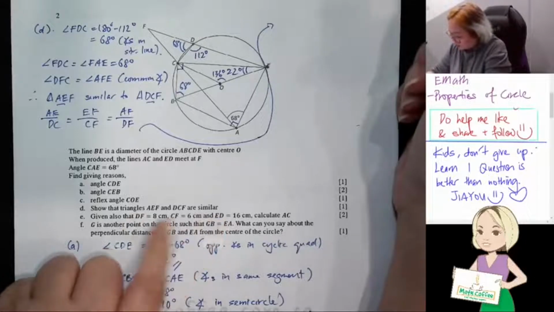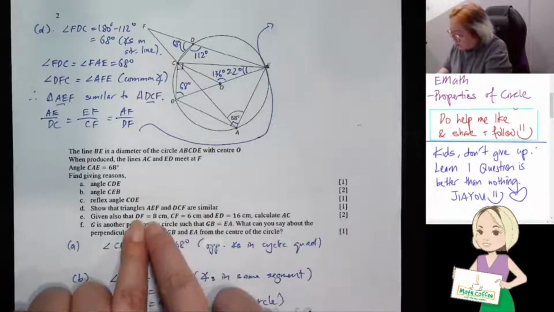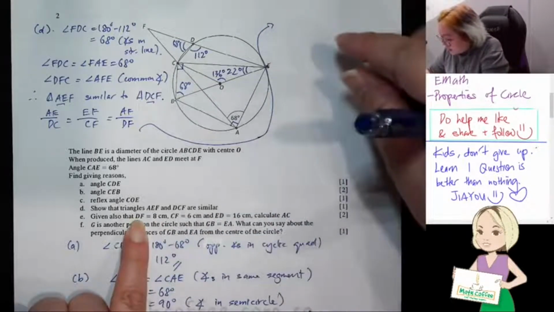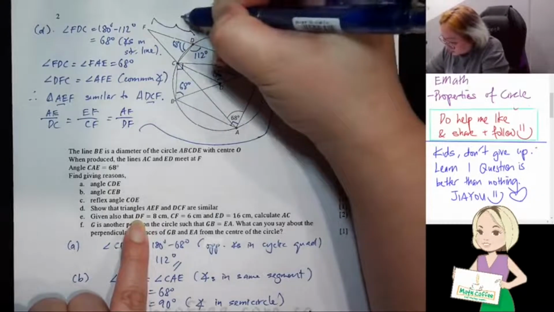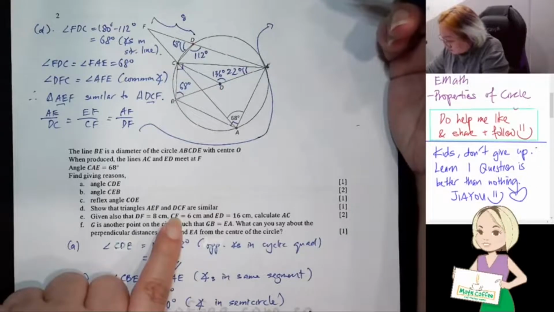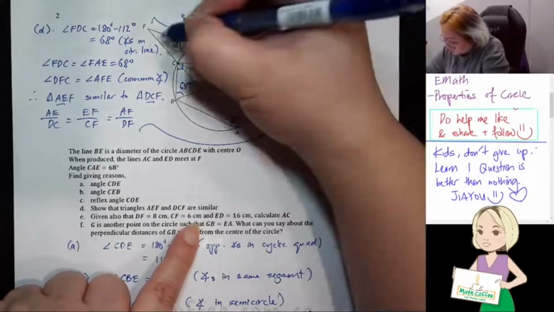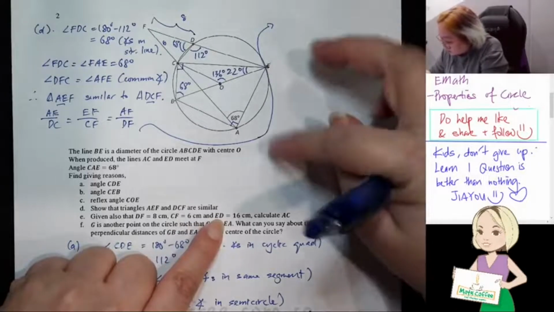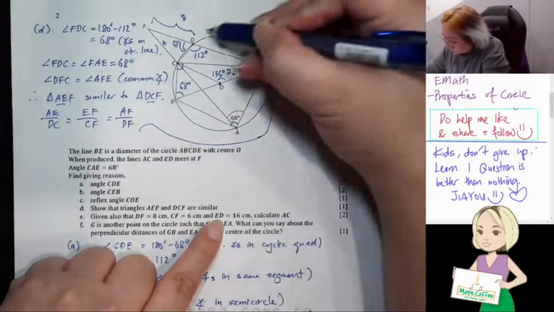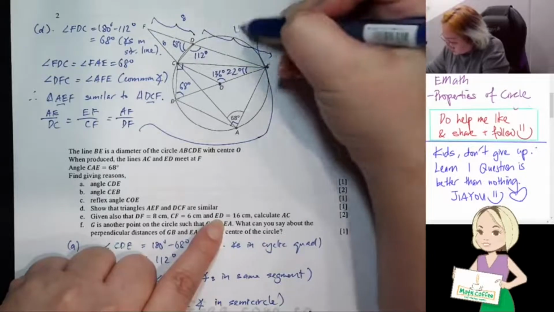Did they? Yes. So you see, they give me DF is 8. DF is here. So from here to here, this is 8. CF is 6. So here is 6. ED is 16. So from here to here, this is 16.